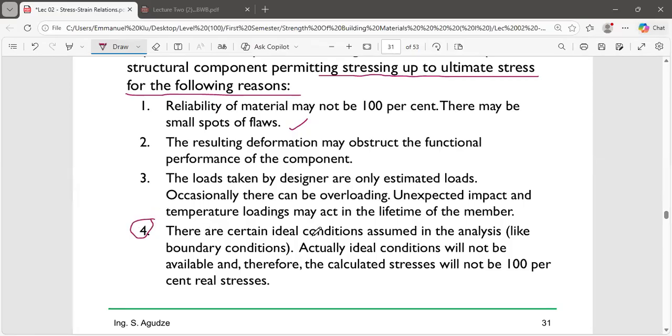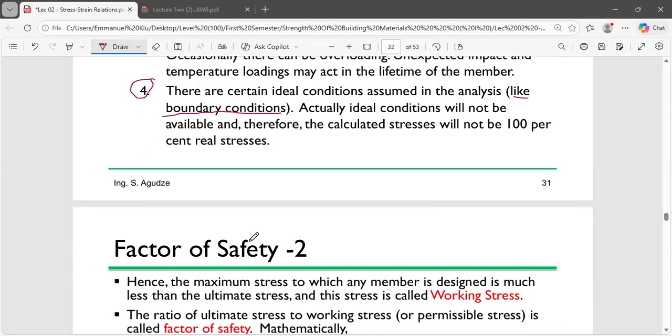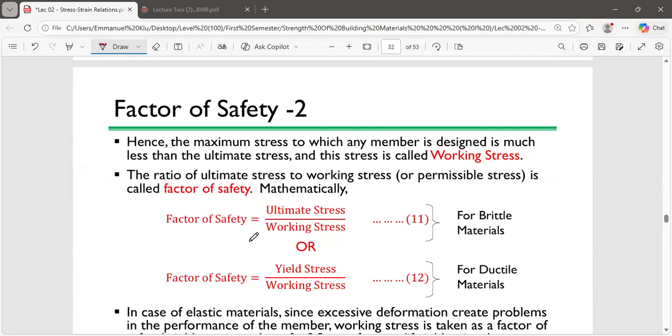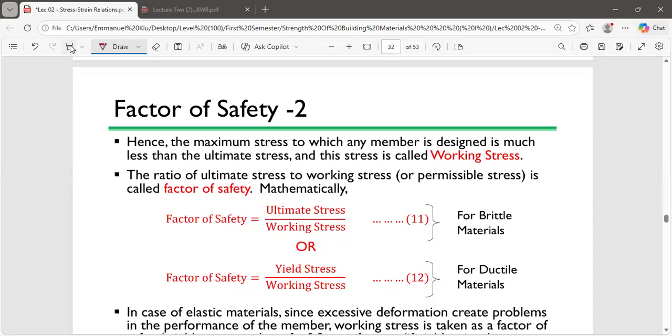Let's look at the fourth one. There are certain ideal conditions assumed in the analysis, like boundary conditions. Actually, ideal conditions will not be available, and therefore, the calculated stress will not be 100% real stresses. Let's look at factor of safety 2.